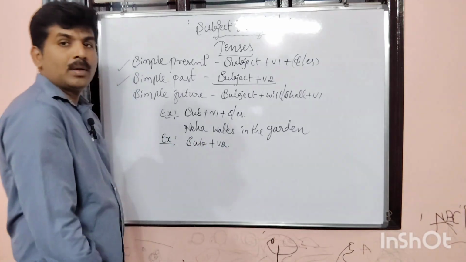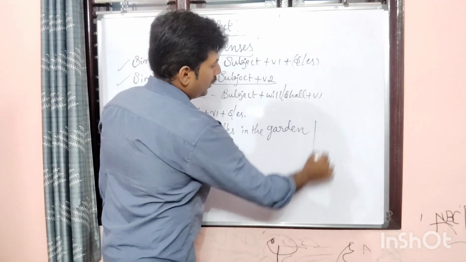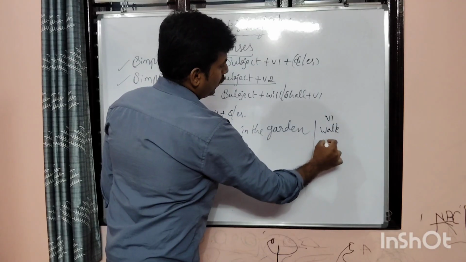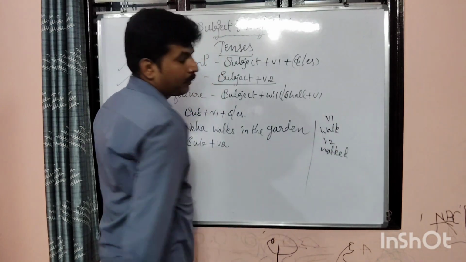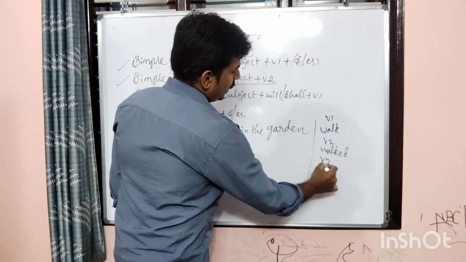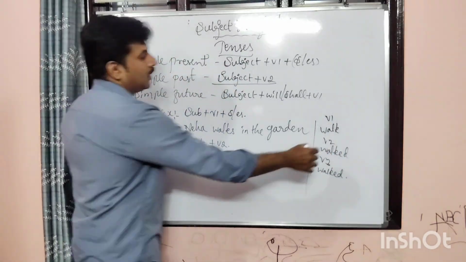You may know that, walk, okay, write on the board. Walk is verb form one, then verb two is walked. Then verb three is also the same, walked.